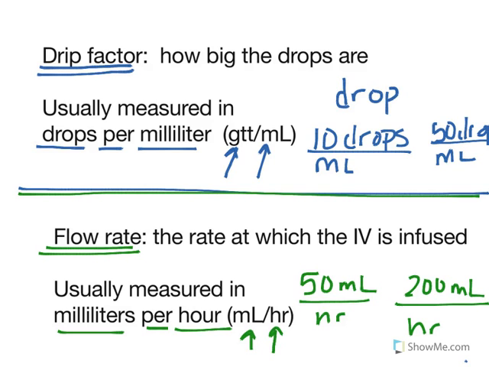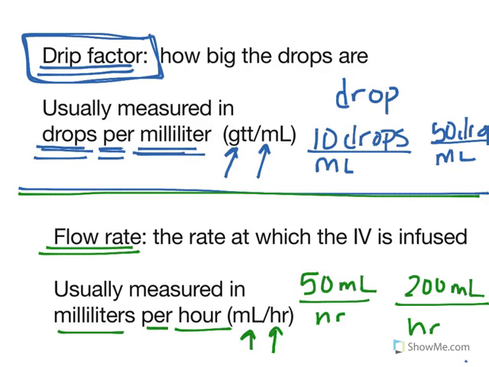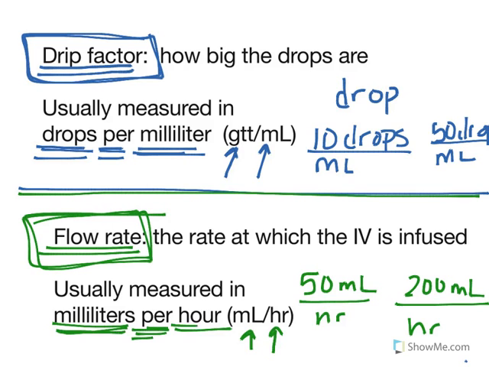Usually in these problems, it will tell you to give the drip factor in terms of drops per milliliter, or it'll say to give the flow rate in terms of milliliters per hour.